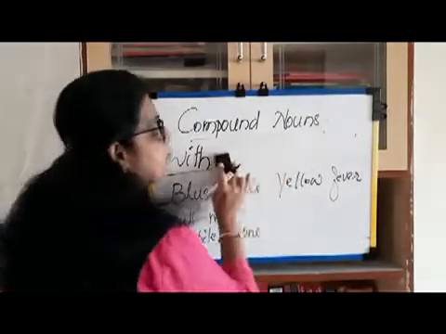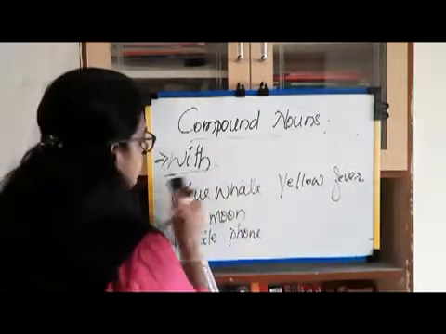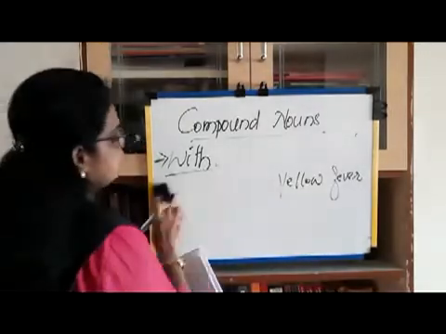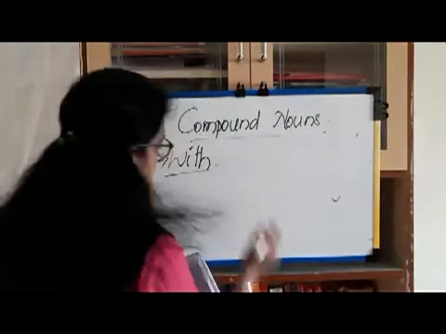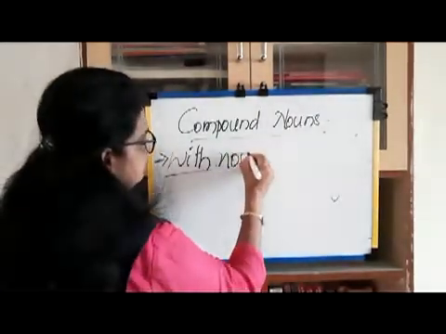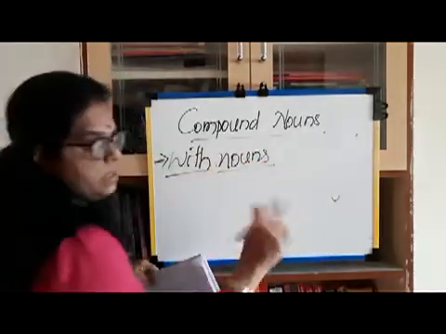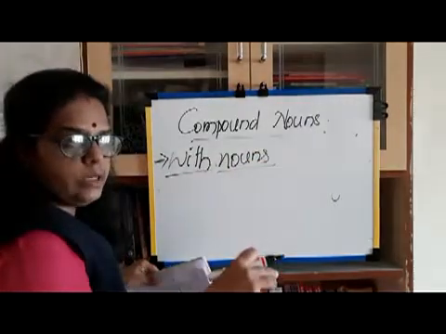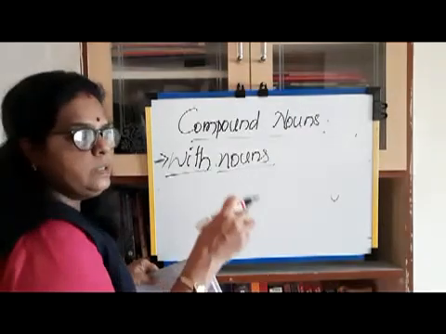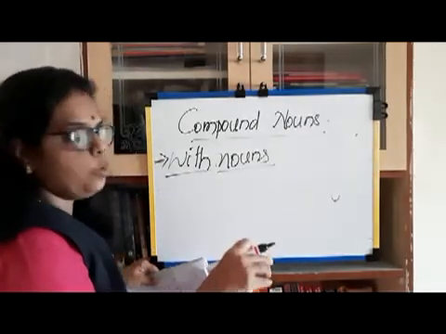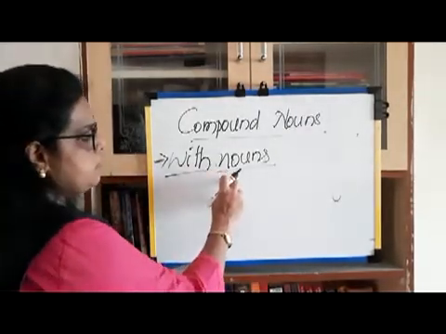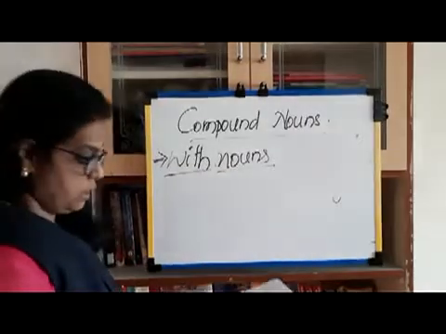Then next one we use nouns plus nouns. See, with the nouns. With a verb we added a noun, so we get a compound word. Then with an adjective we added a noun, we get a compound word. Now we add with the nouns.